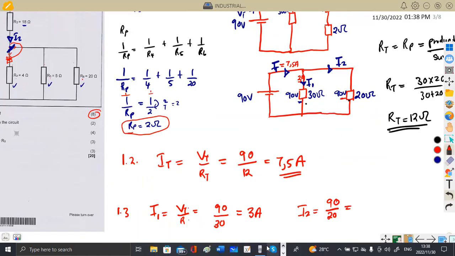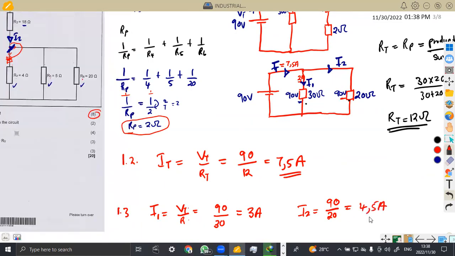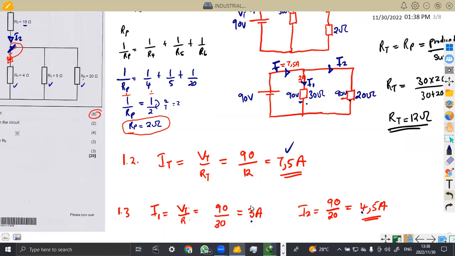So if we divide 90 divided by 20, we can have I2, and we can even check to see if this makes sense. So this is 4.5 amps from our calculator. Now if we add 3 plus 4.5, we must obtain 7.5, which is true. So that means these two currents are correct. Okay, so that was question 1.3.